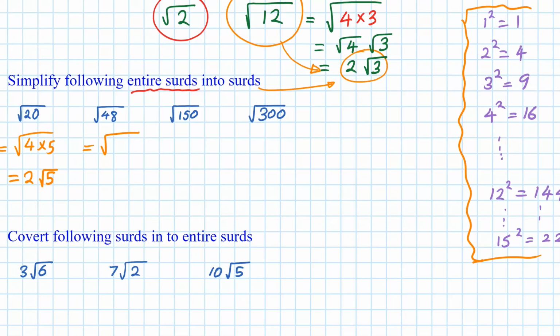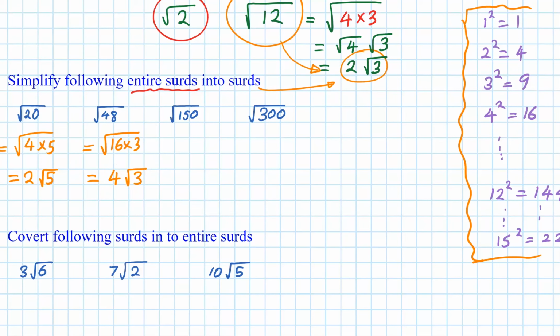Well, you can say 4 times 12, and we have seen 12 is going to get simplified further. Therefore, there is another number. Well, it can't be an odd number here. The next one is 16. In fact, it is 16 times 3. Square root of 16 is 4, so 4 root 3.